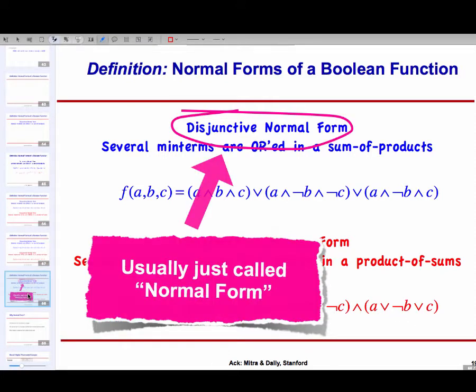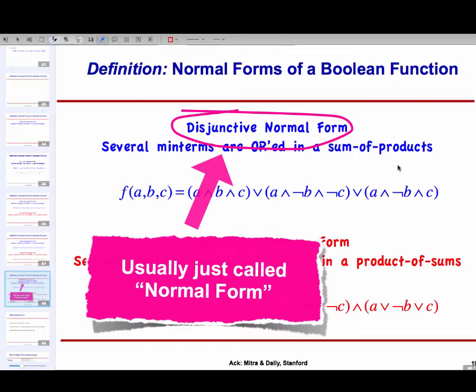Usually the disjunctive normal form is more commonly used, and therefore oftentimes it's just called the normal form. The reason it is more commonly used is because in certain technologies it was fast. The circuit when done with disjunctive normal form, as a sum of products, was faster, but that's mostly a historical oddity.